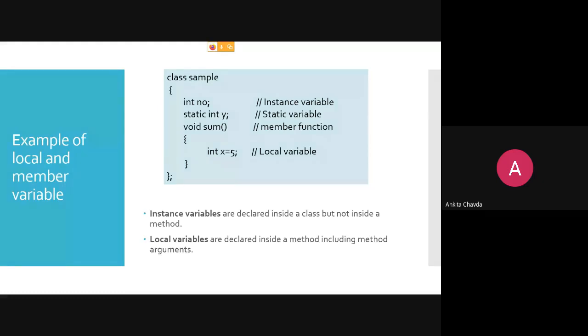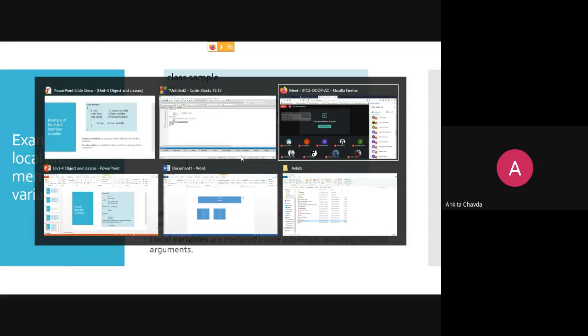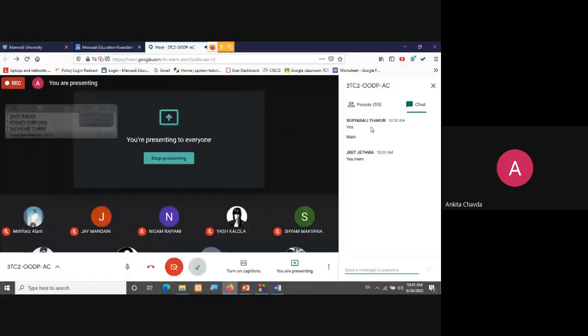That is known as your instance variable, or member variable. And your local variables are declared inside a method, including the method arguments. So you can have your formal parameters, but they are the local ones. Getting my point? What is a local variable and what is a member variable.